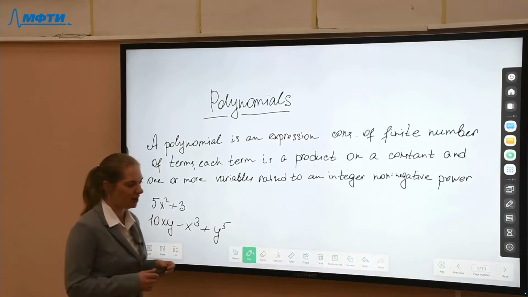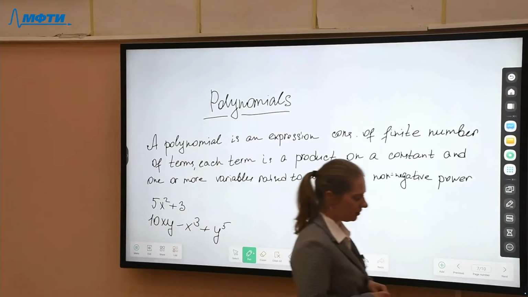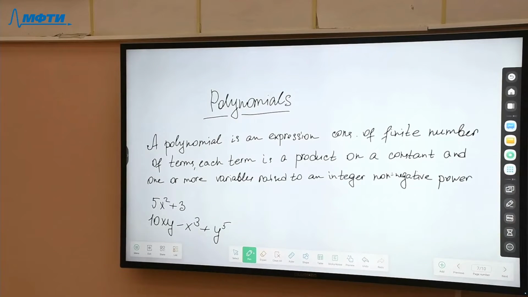But today, and not only today, we'll talk about polynomials over R, over the set of real numbers. And here, first of all, let's talk about monomials. It is a simpler concept.